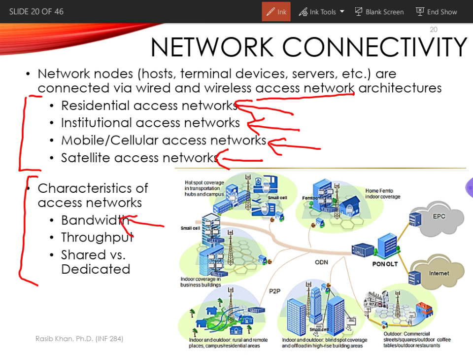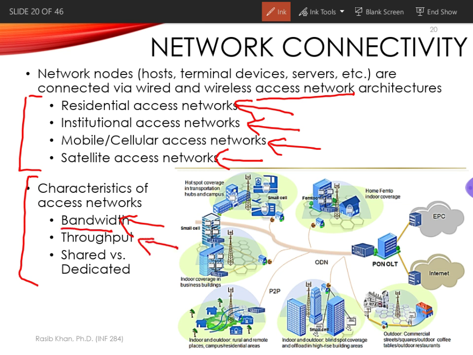The first characteristic would be the bandwidth, which implies the maximum allowed data per second that can be transferred through that specific media. It could be wired or wireless. No matter what it is, there is a maximum capacity and it is defined as the bandwidth.